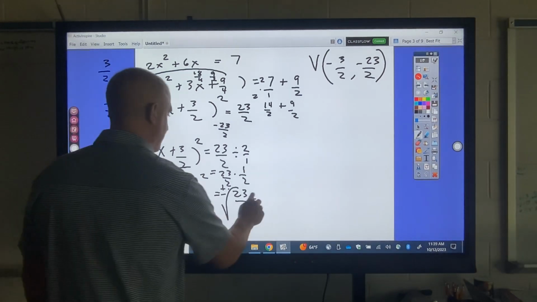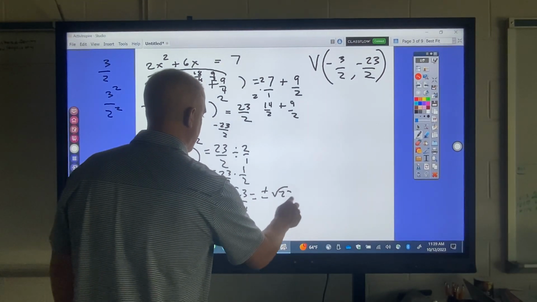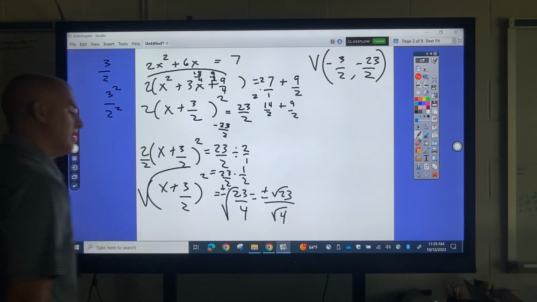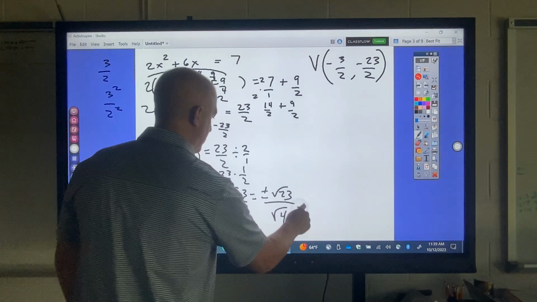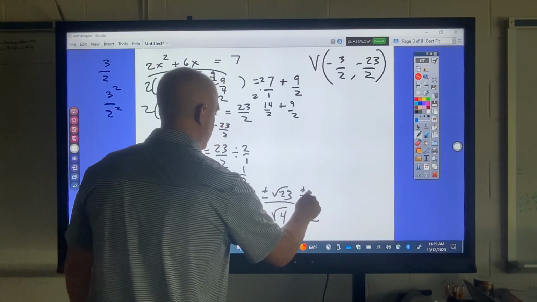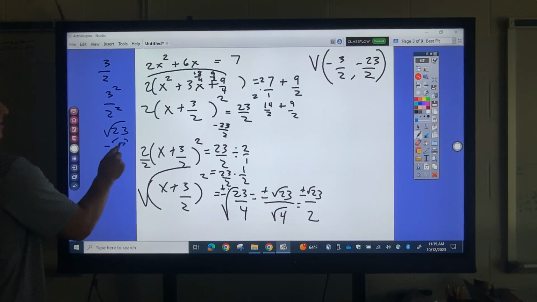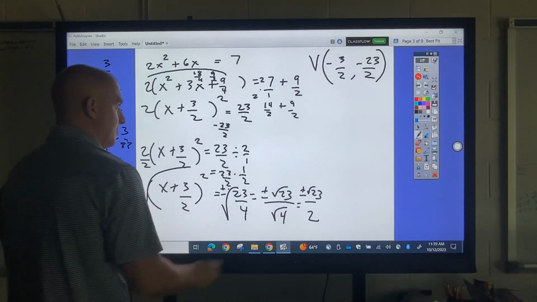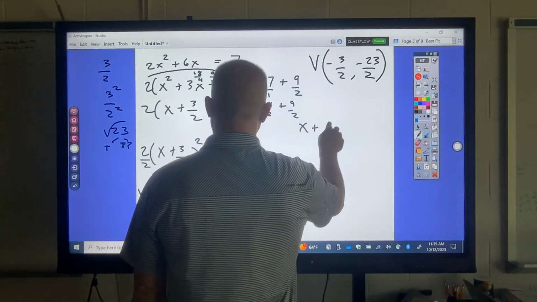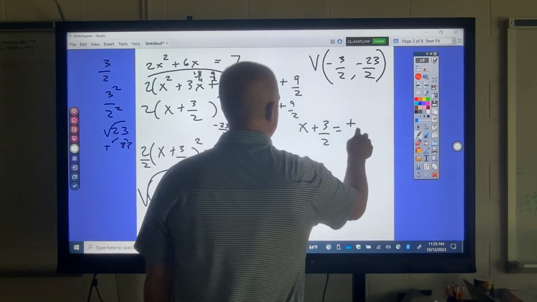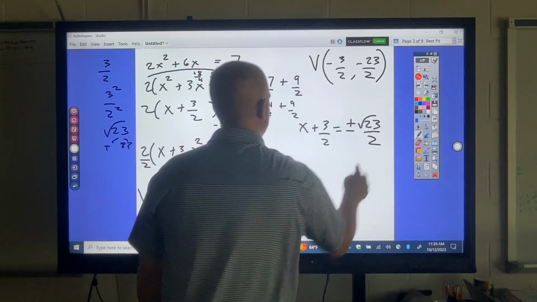Once again, plus and minus the square root of 23 over 4. Now 4 reduces, that would be 2. Plus and minus square root of 23. 23 does not have any factors, it's a prime number, so it's 1 and 23. So what I got is x + 3/2 equals plus or minus square root of 23 over 2.